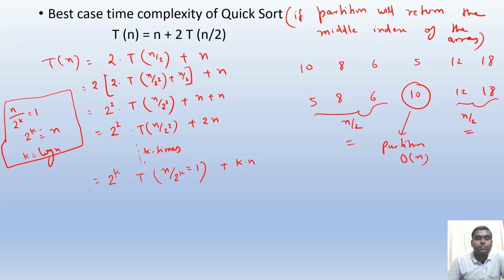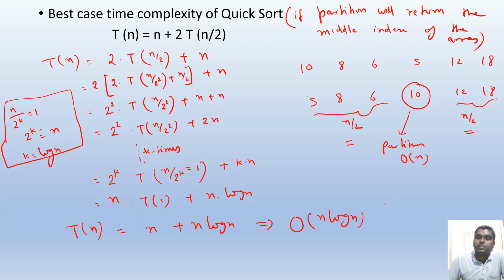So it is n into t of 1, plus n into log n. Since t of 1 is 1, t of n is n plus n log n. The maximum term is n log n, so this is order of n log n, the time complexity in the best case.